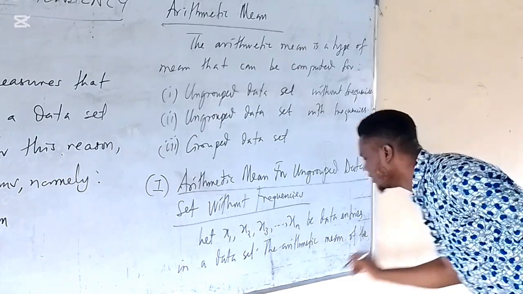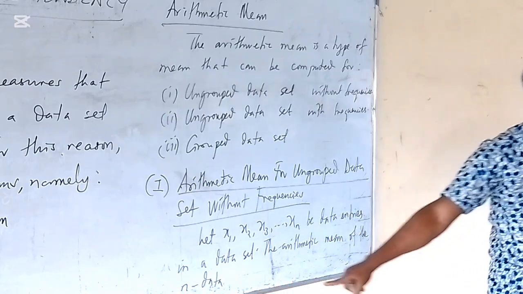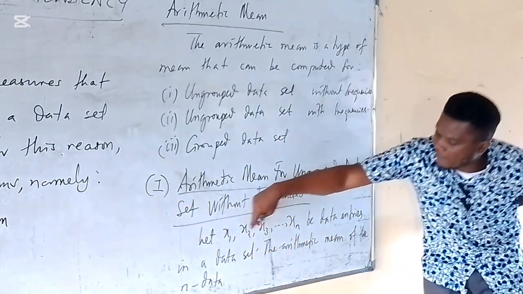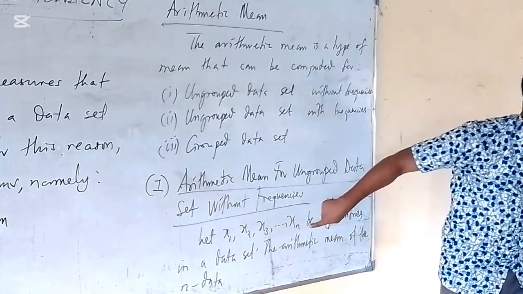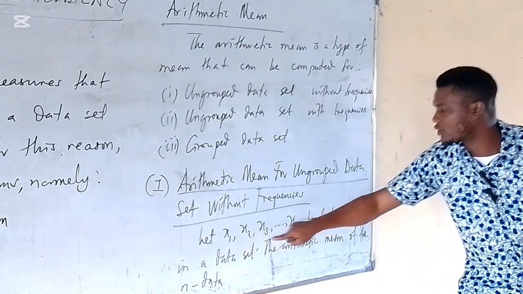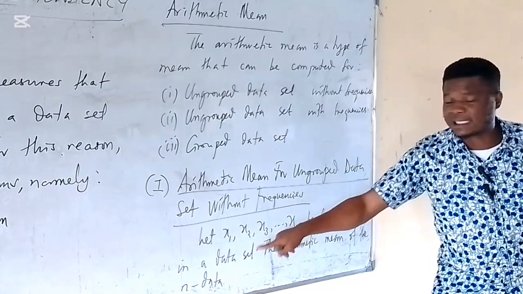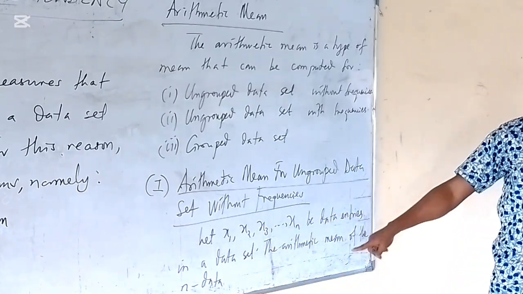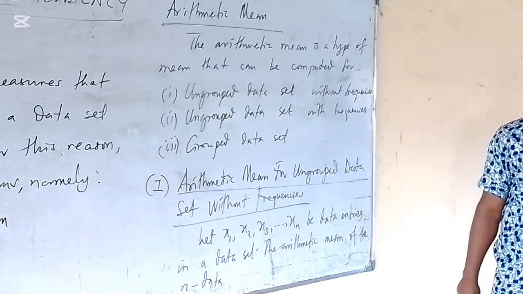The arithmetic mean of the n data entries. Look at them, everybody. If you have x1, x2, x3 up to xn, it means that you have n of them. Is it not so? You have n of them. So if you have x1, x2 to xn data entries in a data set, if you want to get the arithmetic mean of this data set, what would you do? It will mean that you are looking for the average of all the n data entries.